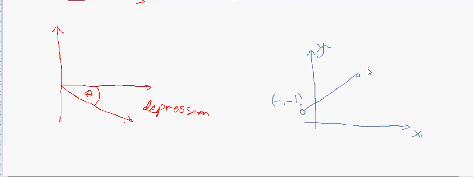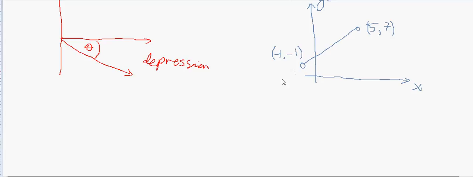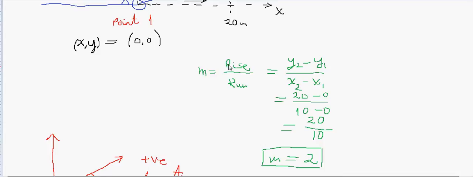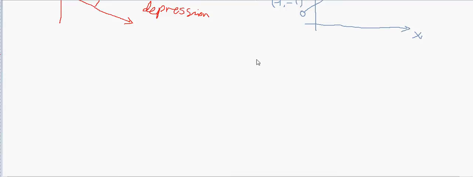For the final values, let's say we have 5 for the run and 7 for the rise. And you ask, what is the gradient of this slope? Well, it's very simple. We go back to this formula. So the gradient is m equals the rise over run.